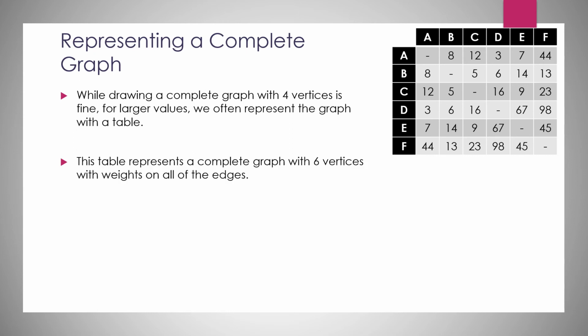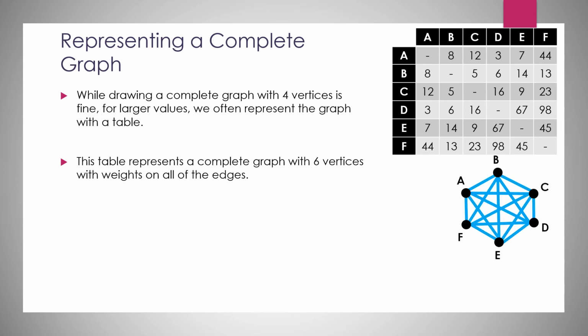This actually represents a complete graph with 6 vertices. You can tell because it has 6 rows and 6 columns. And all of the numbers are weights on all of the edges. And that's what the graph actually looks like, and you can see why I wouldn't want to put all of those numbers in that graph. It would take up so much space, it would be ridiculous. So to find the value of an edge weight, all you do is find its section in the table.